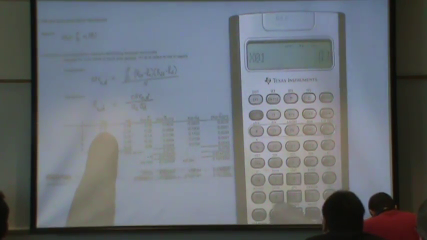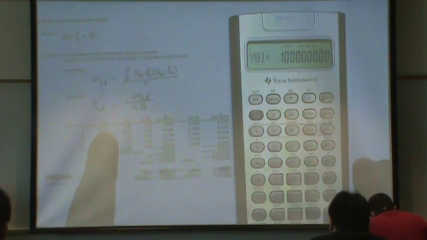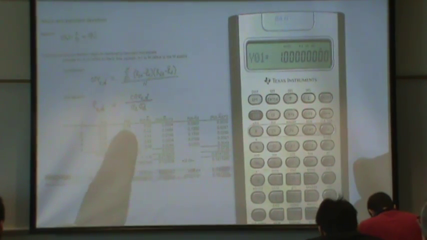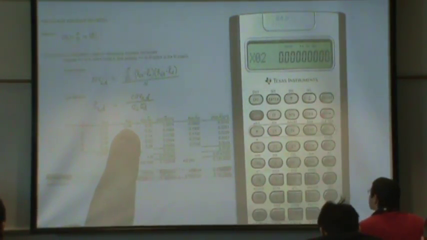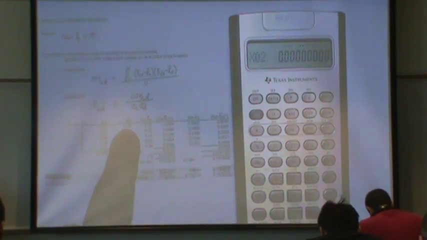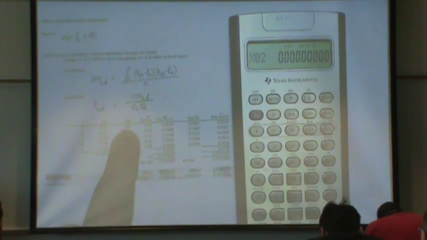Okay, so 0.12, enter down, and now we're going to put some in for Y, 0.09. So we're going to go XY, XY, XY. You good with that?